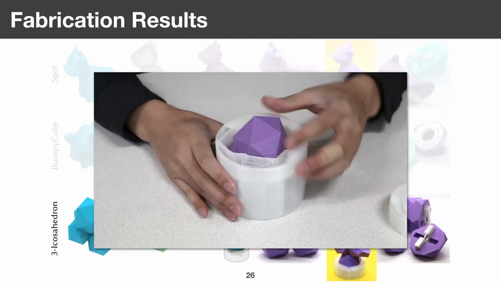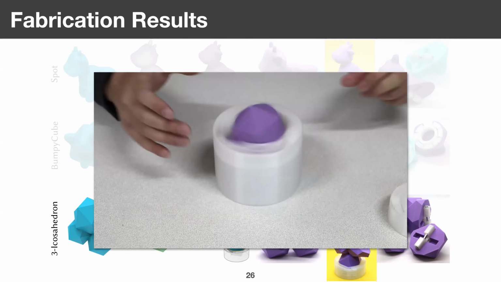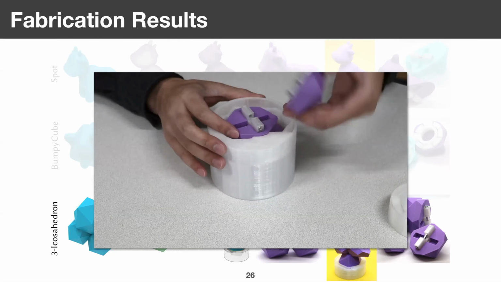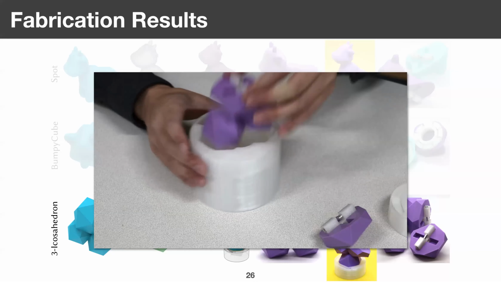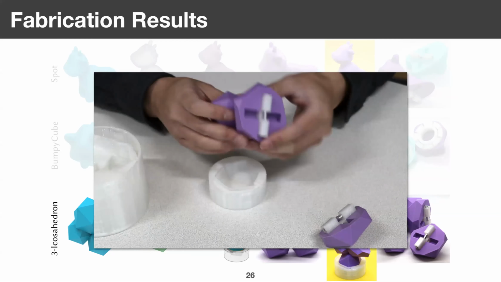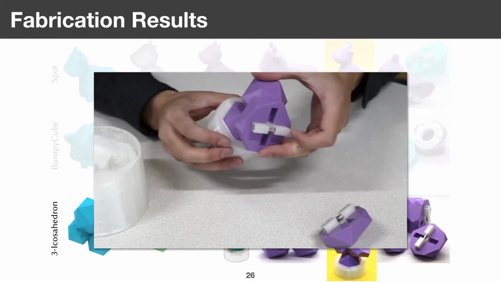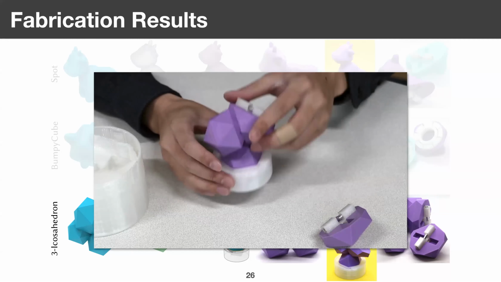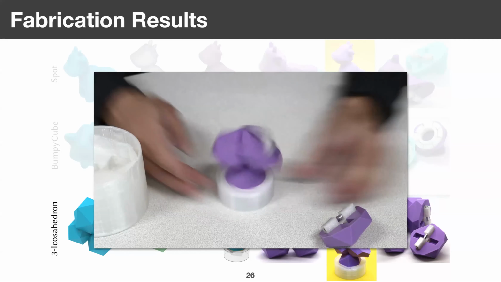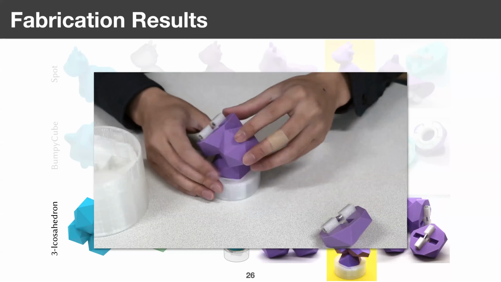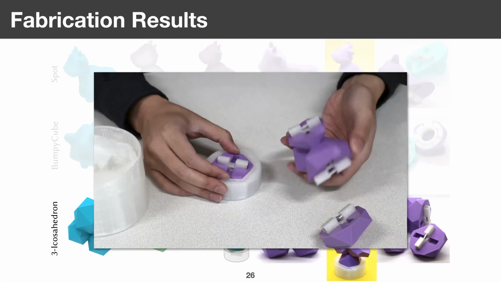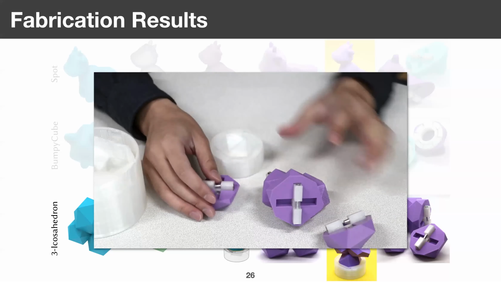I had to use this larger support first and unlock the first lock. Then we can unlock the second lock. Yeah, this is an interesting application of our method.